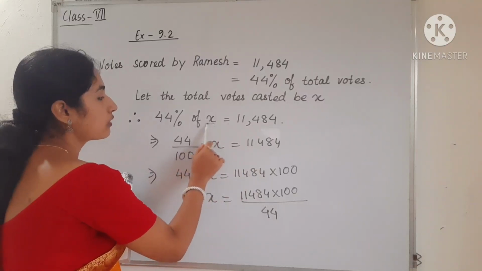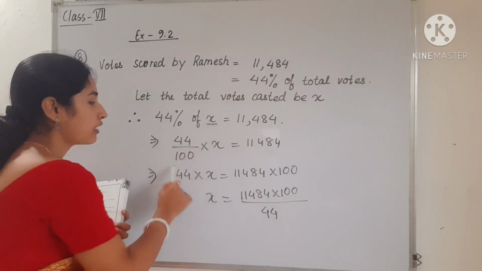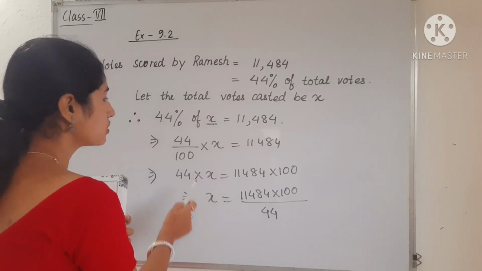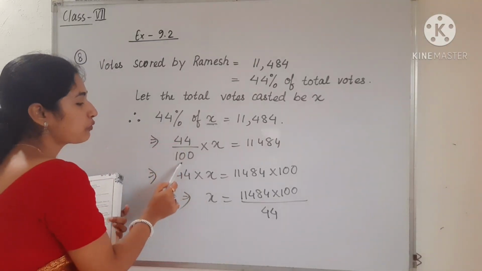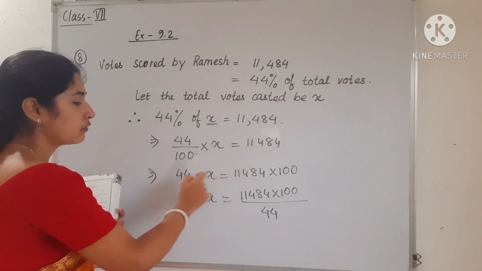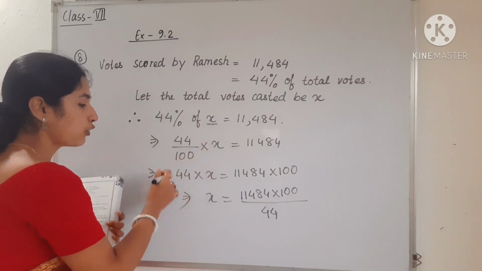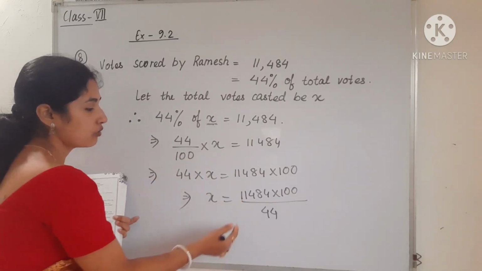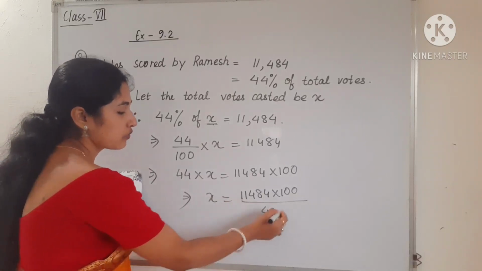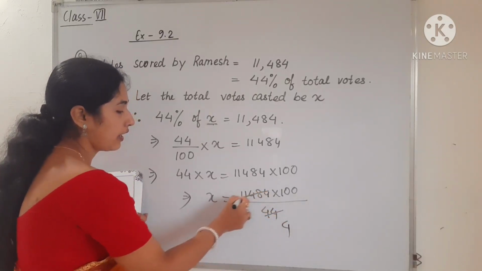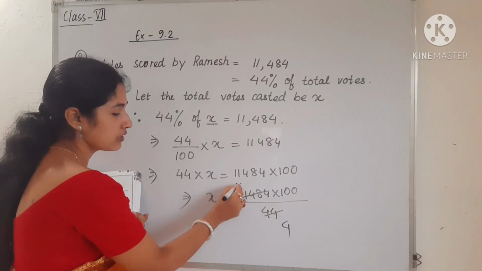So let the total vote casted be X. So by that way we can easily find the value of X. So see, 44% means 44 by 100. 100 it will get multiplied with 11,484. Then 44 will get divided. So now see, we can cancel it. So this will be 11 4s are, and this will be 11 1s are 11, then 0.